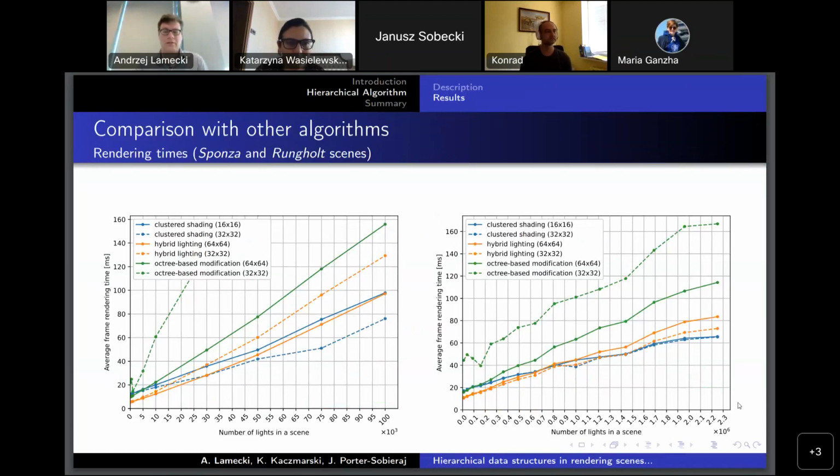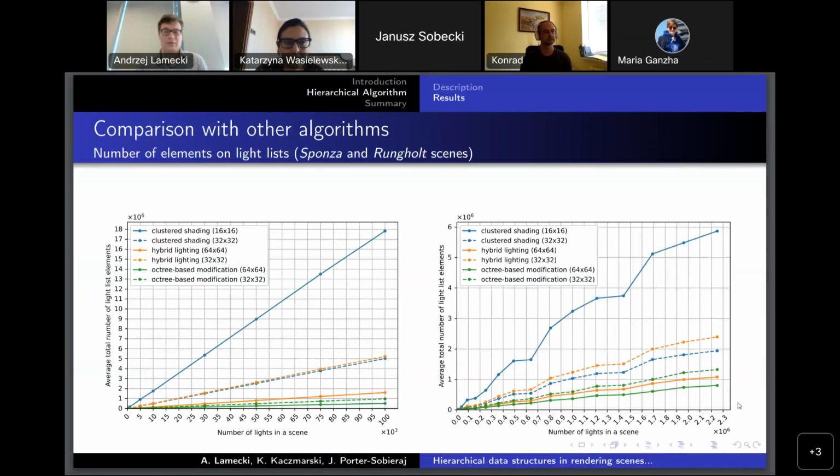Okay, yeah, this one. I think these were the slides where you mentioned that the method actually performed worse than other algorithms. Do you have an explanation for such behavior? What's the reason for it?